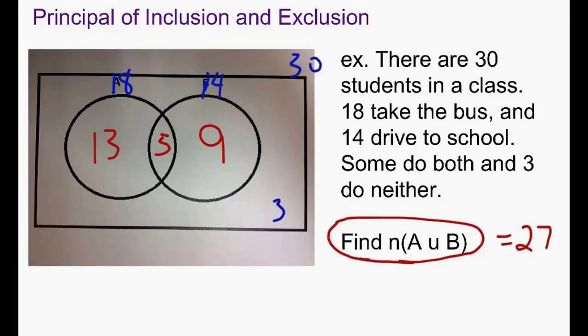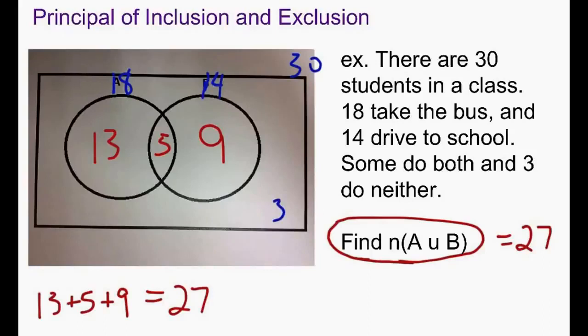So if we actually count up all of the circles, right, 13 plus 5 plus 9, that equals 27, right? 13 plus 5 is 18, plus 9 is 27, so that's good.